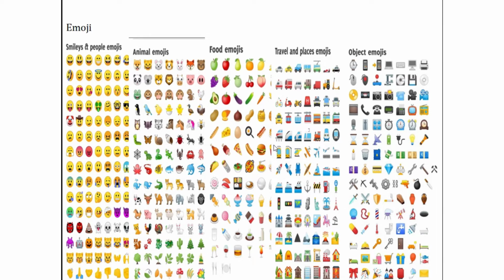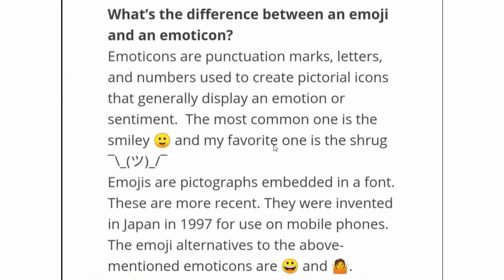There is another word which is quite related with emoji, that is emoticons. Now, what is the difference between an emoji and emoticons? Emoticons are punctuation marks between letters and numbers used to create pictorial icons that generally display an emotion or sentiment.